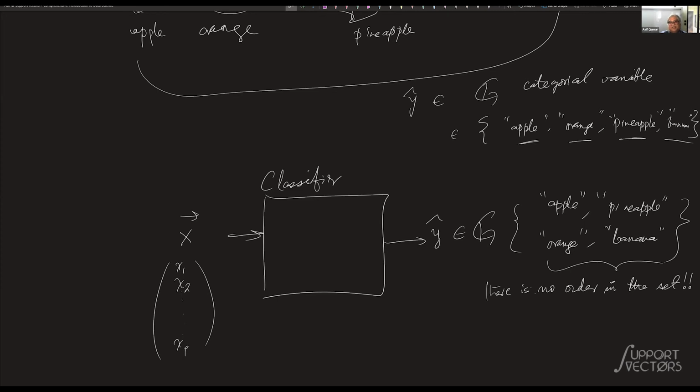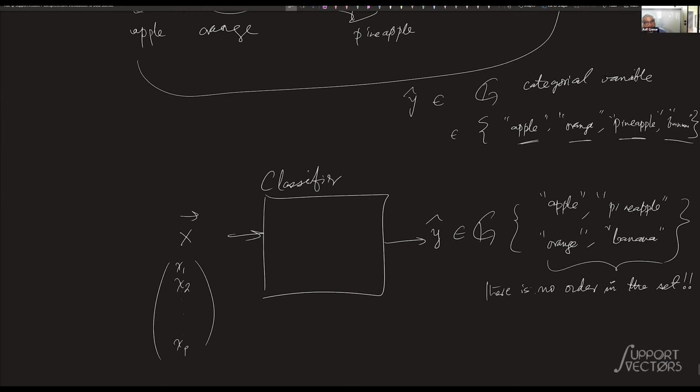Later on, we'll realize that there are interrelationships in the categorical values, and that brings up the very interesting topic of categorical embeddings and so on. We won't go there, but today we'll start by saying these values don't relate to each other. An apple is an apple, and an orange is an orange. And that's that. So this is what a classifier is.